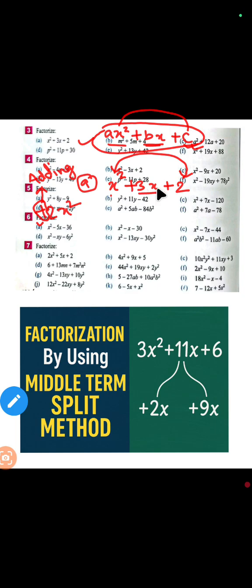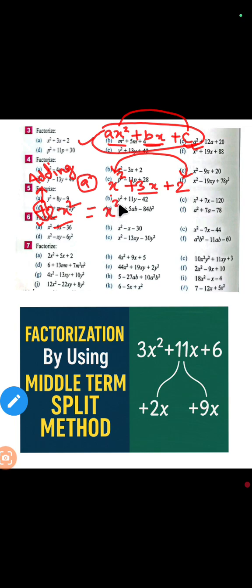When we multiply the first term and the last term, the sign that comes in front decides whether the middle term should come by adding or by subtracting. Here the plus sign came, that is why we understood the middle term should come by adding. When we split, by adding it should come 3x, and by multiplying it should come 2x square. So we are going to do that.